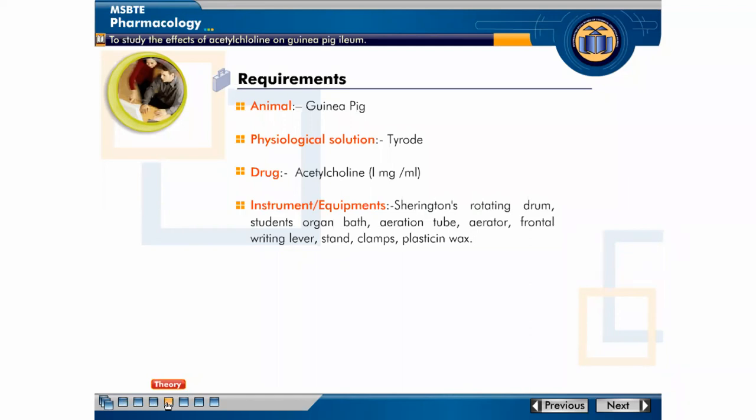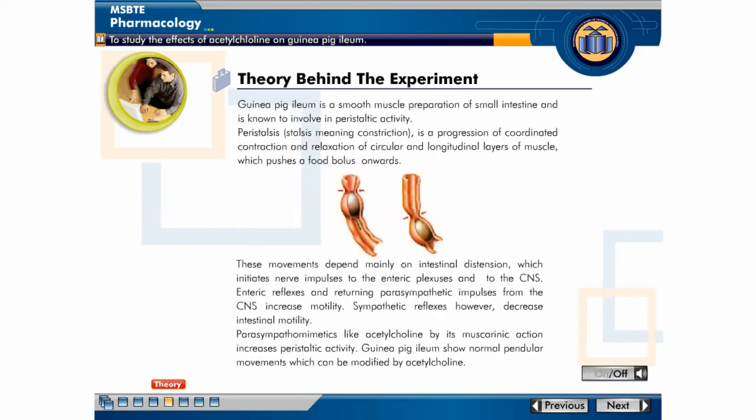After that, let's see the procedure. Before the procedure, theory. Guinea pig ileum is a smooth muscle preparation of small intestine and is known to be involved in peristaltic activity. Peristalsis, stalsis meaning constriction, is a progression of coordinated contraction and relaxation of circular and longitudinal layers of muscle which pushes the food bolus onwards.